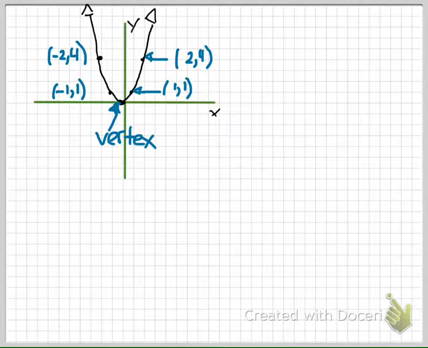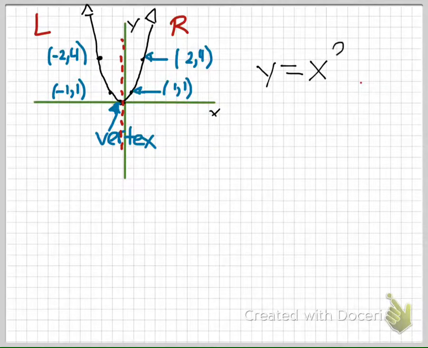Another important piece here to recognize on this graph is your axis of symmetry. The imaginary line that goes straight up and down vertically goes through the vertex. Imagine as if that were a mirror. What's on the left will equal what's on the right. They should look pretty identical. This happens to be the graph of y equals x squared.